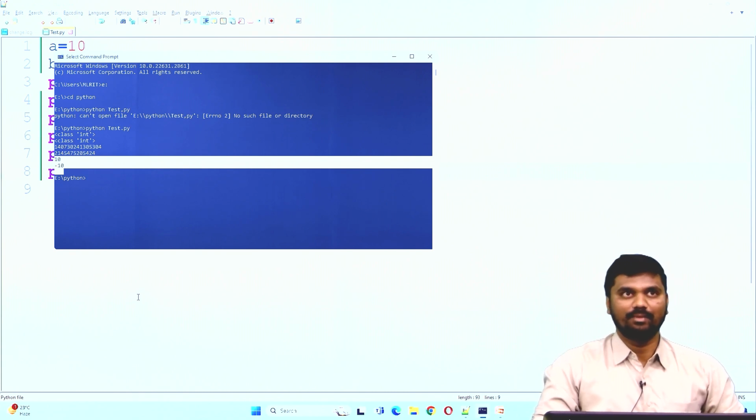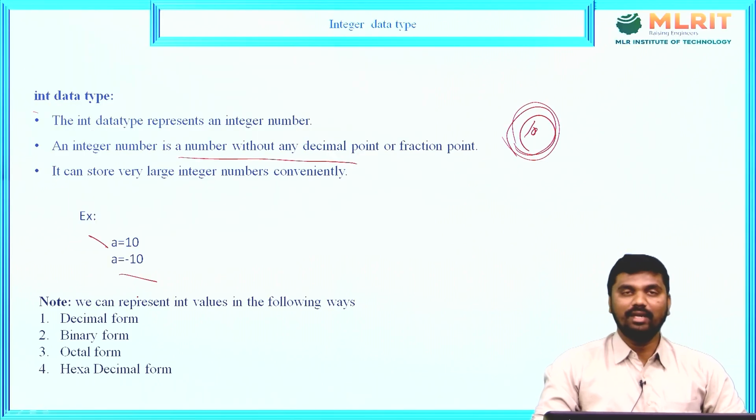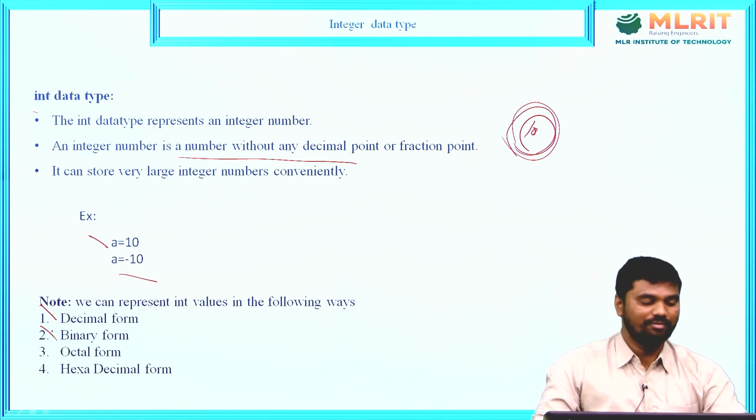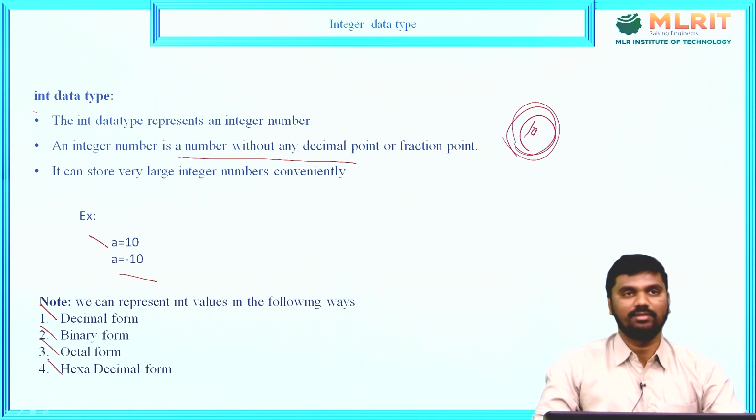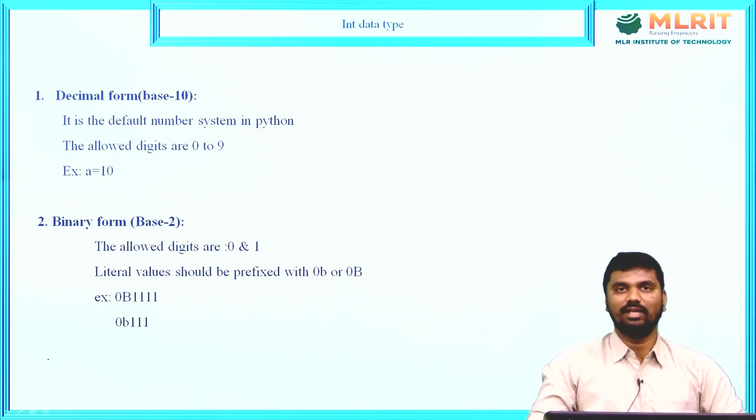So this is about the int data type. Next, we can represent int values in other forms. Generally we can represent int values in the following ways: decimal form, binary form, octal form and hexadecimal form. By default we represent int values in decimal form, where the base value is 10.